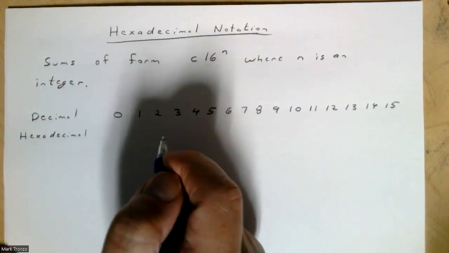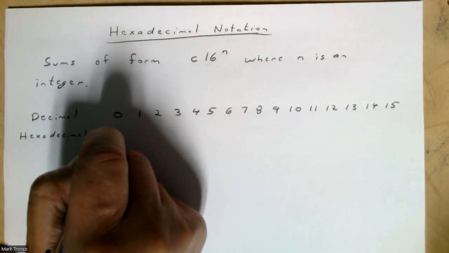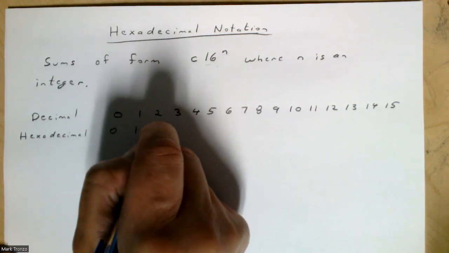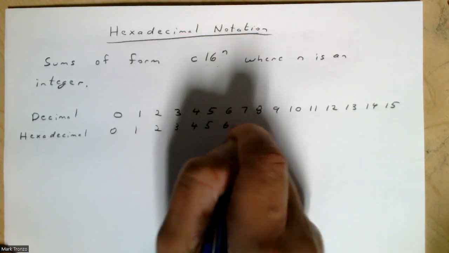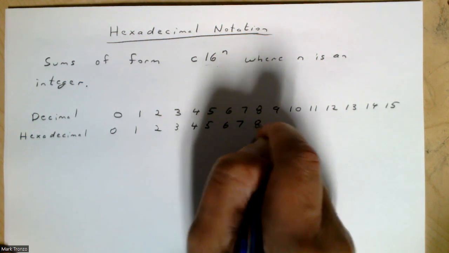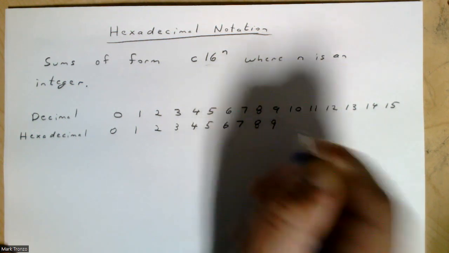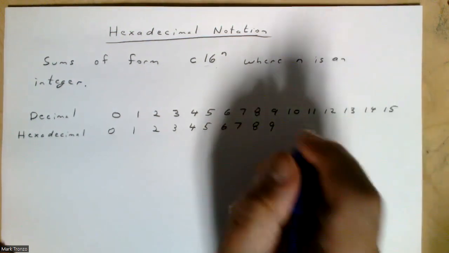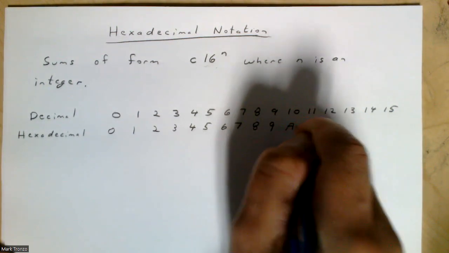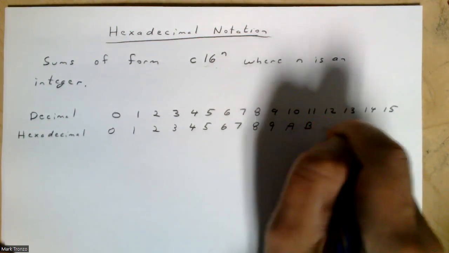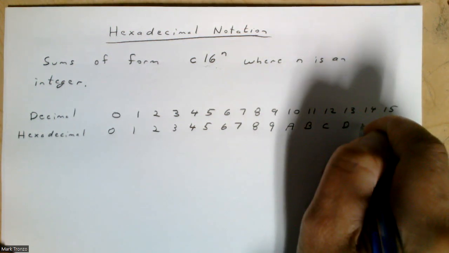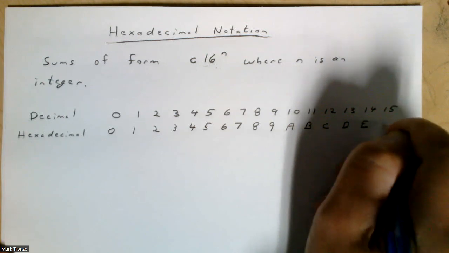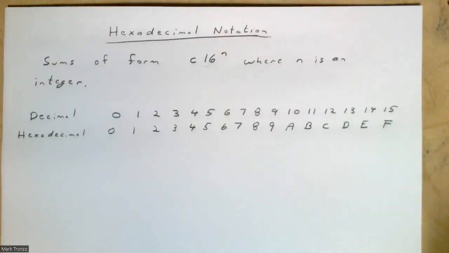And then for the hexadecimals, that's going to correspond to 0, 1, 2, 3, 4, 5, 6, 7, 8, 9. And then we get to start with 10. We're going to have A, 11 is B, 12 is C, 13 is D, 14 is E, and 15 is F.